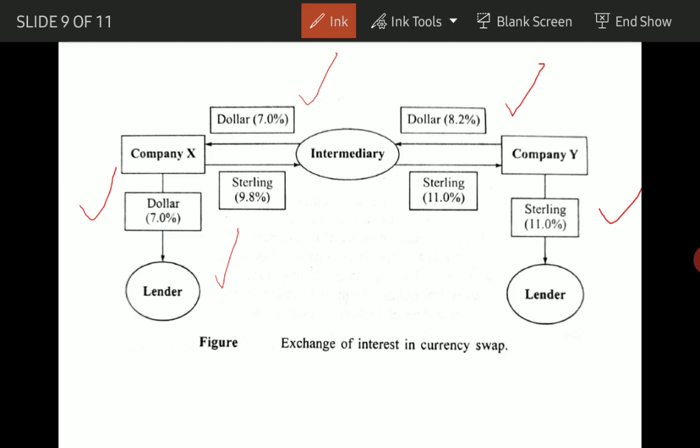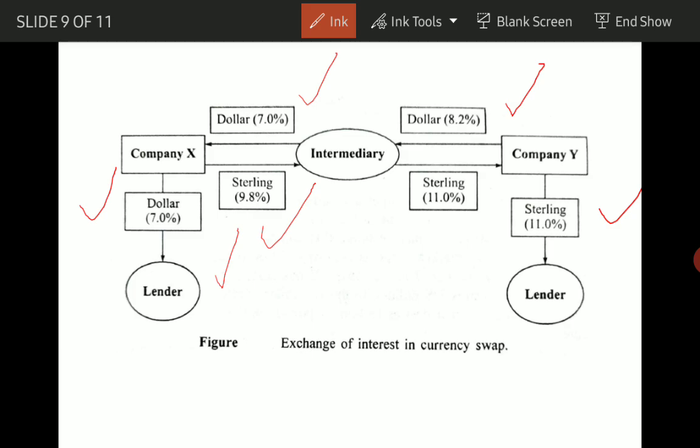So company X will pay 9.8% in sterling to the intermediary, and the intermediary will transfer 11% interest payments in sterling currency to company Y, which it will use to pay off its interest on the loan to the lender.